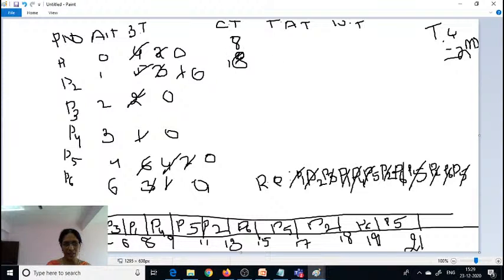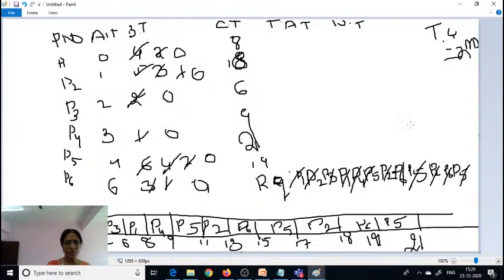P3 is completed at 6 milliseconds. P4 is completed at 9 milliseconds. P5 is completed at 21 milliseconds. And P6 is completed at 19 milliseconds.